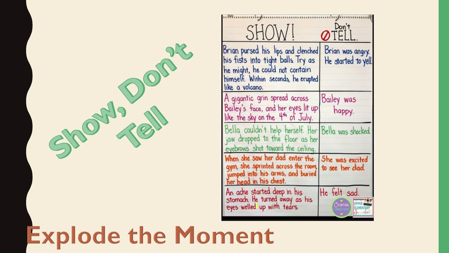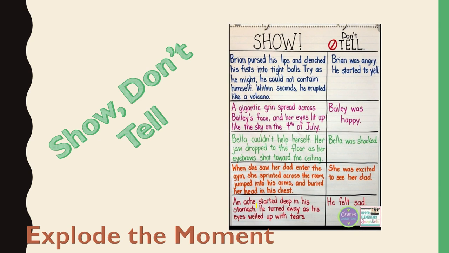And again, this is being able to show and don't tell. So Brian was angry. He started to yell. Okay, so that, you're telling what happens, but let's be a little bit more descriptive. Brian pursed his lips and clenched his fists into tight balls. Try as he might, he could not contain himself.